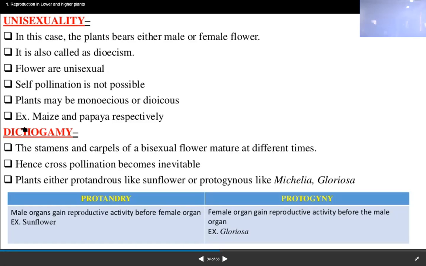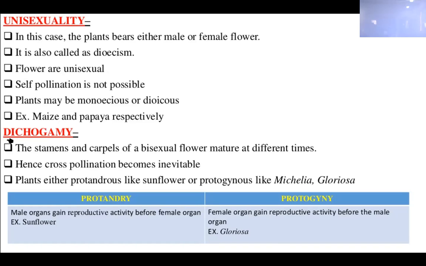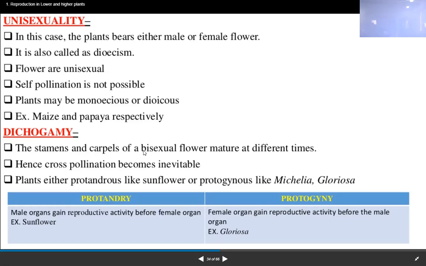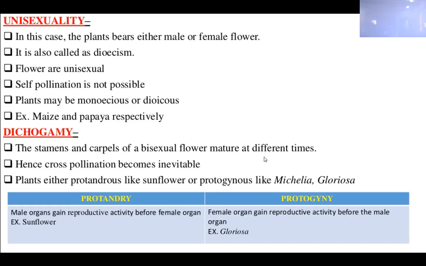Then you have dichogamy. In dichogamy, the stamens and carpels of a bisexual flower mature at different times.